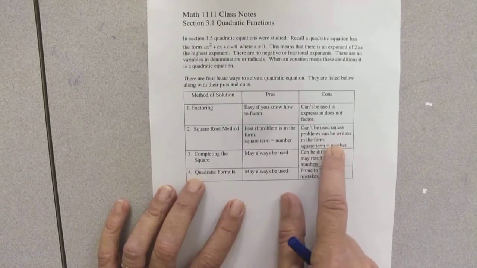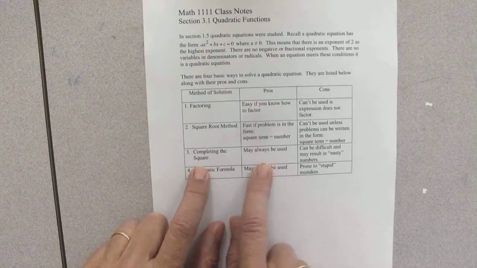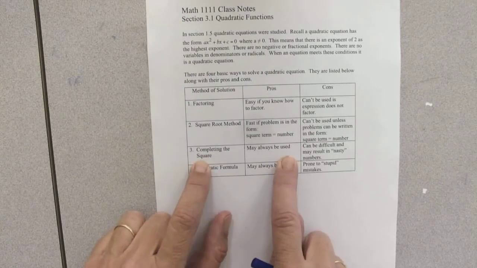But if you couldn't, again, it didn't work at all. Completing the square, we actually didn't discuss that, but it's an option if you remember it. And for some of the applications in this section, there are some teachers that teach it by completing the square. We're not going to do that, but it's just listed there for completeness' sake.